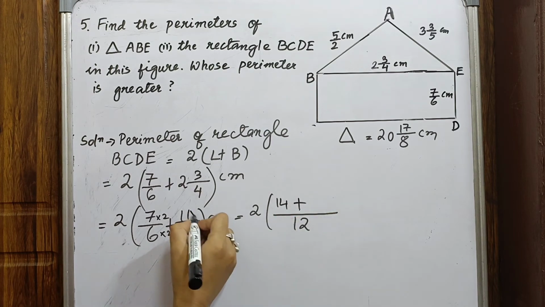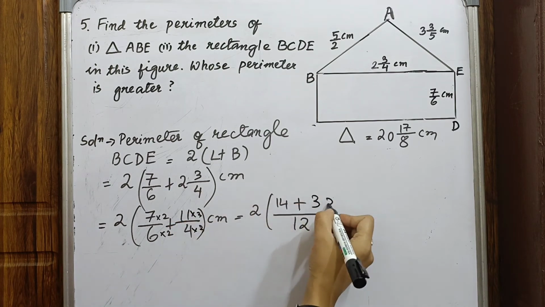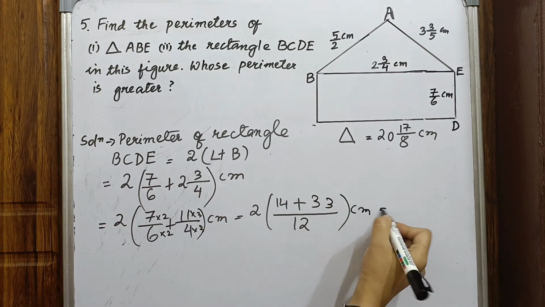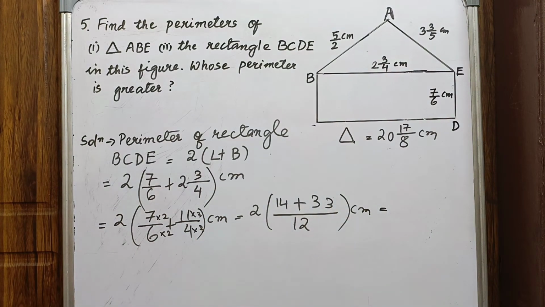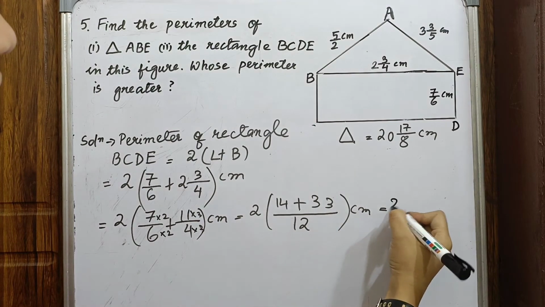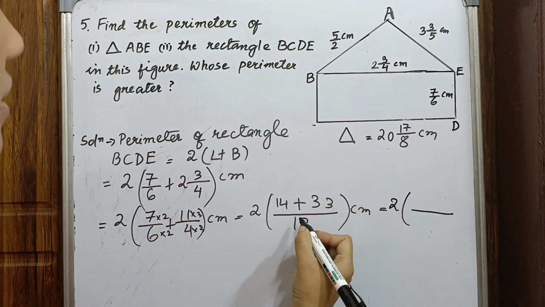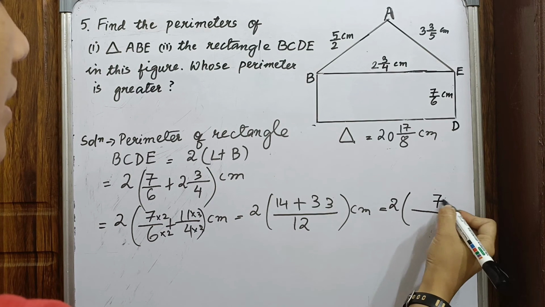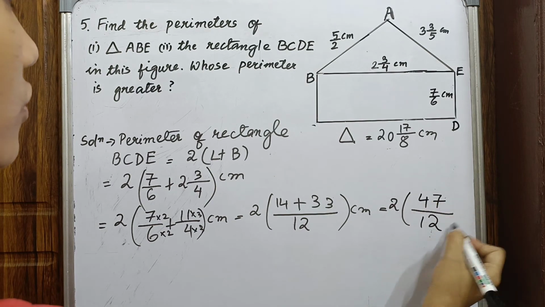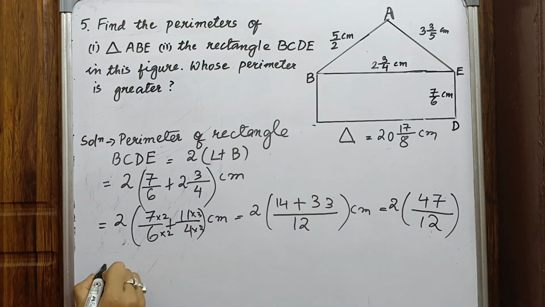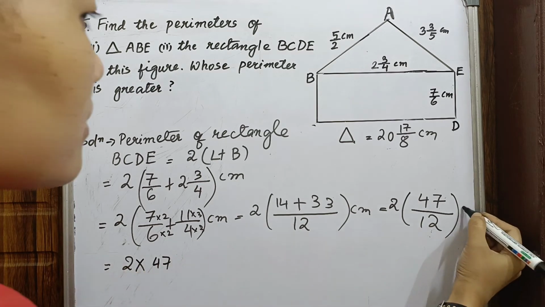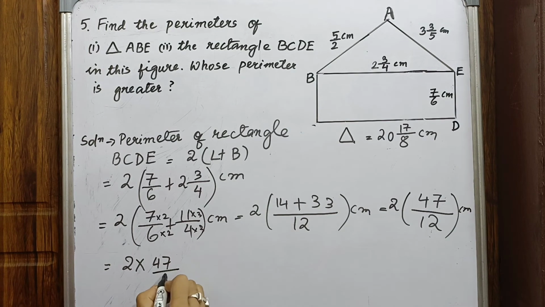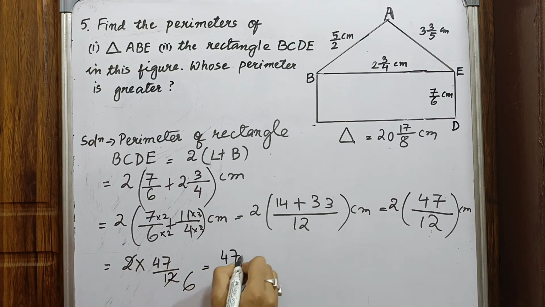Plus 4 into 3 is 12, 11 into 3 is 33 centimeter. You'll keep on writing the centimeter, don't forget to write the unit. Now it is 14 plus 33, 47 by 12, which is 2 into 47 by 12. 2 6s are 12, it is 47 by 6 centimeter.